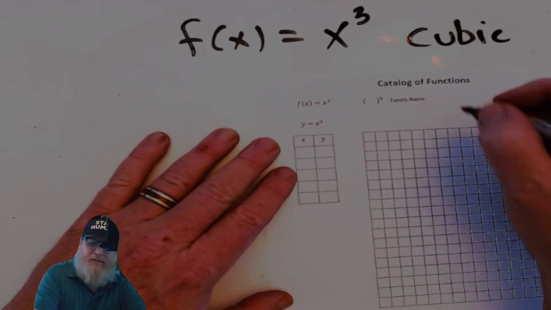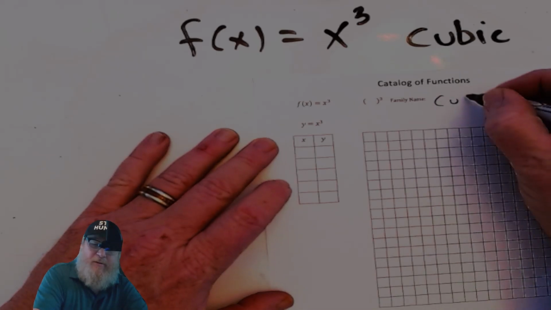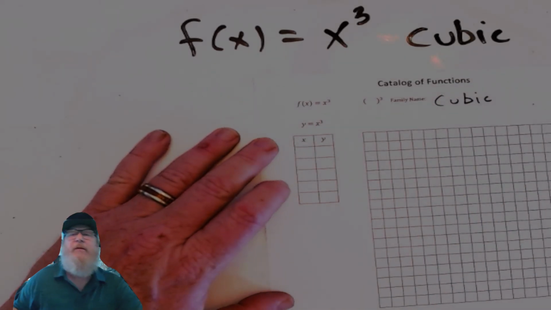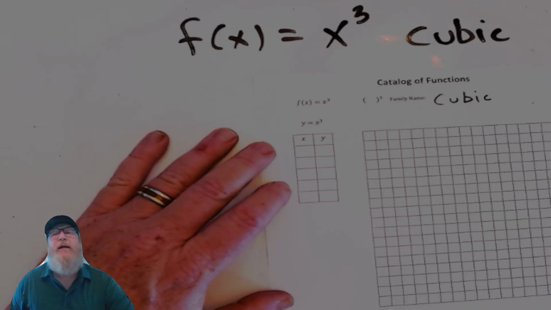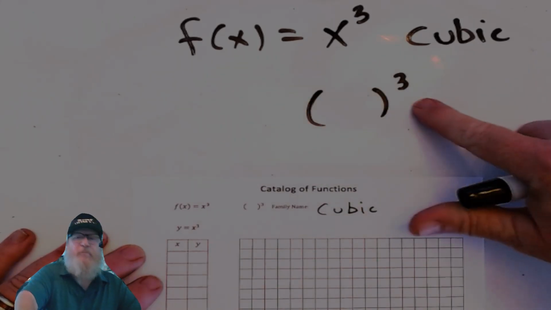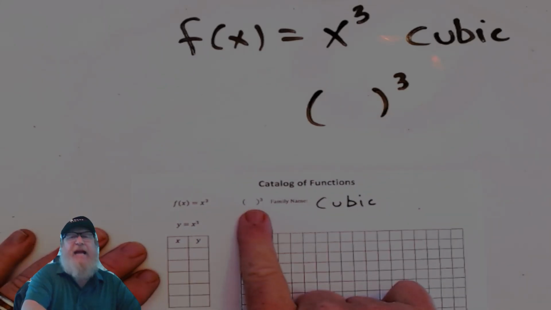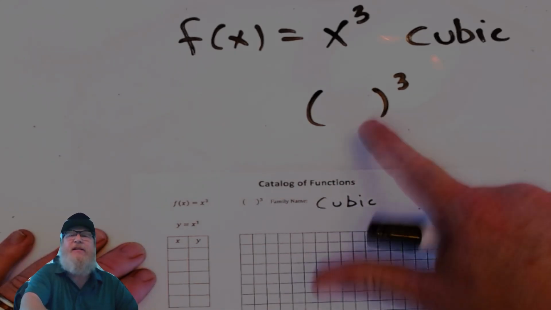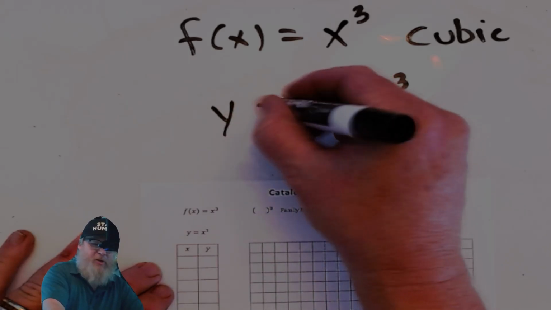I would also accept the cube, but I'm going to go with cubic. So the key feature is the parentheses cubed. That's the defining feature of the family here. I put it next to the word family so that you know that everybody with this is part of the cubic family.